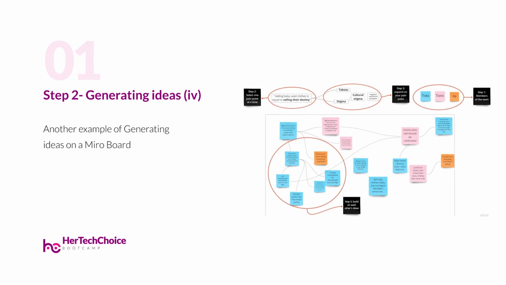Then this is another example where we selected one pain point, which is "selling babies' used clothes is equal to selling their destiny." So we had to talk about taboos and the stigma. The 3 people involved were Tokimbo, Tomi and Ife, where they had to drop all of their ideas.